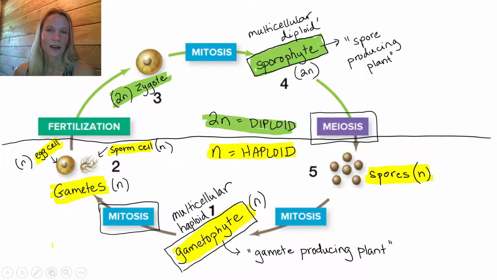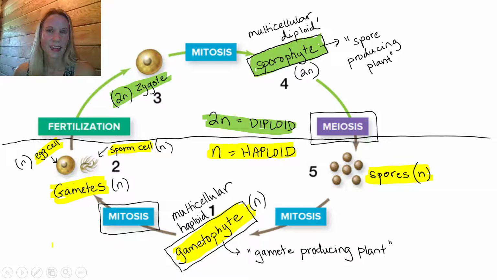So this is the story of how all plants reproduce. But remember, you need to know specifically for each of the plant groups that we're covering, what does the sporophyte and what does the gametophyte look like? And some of the unique structures that fit into this general life cycle of plants.